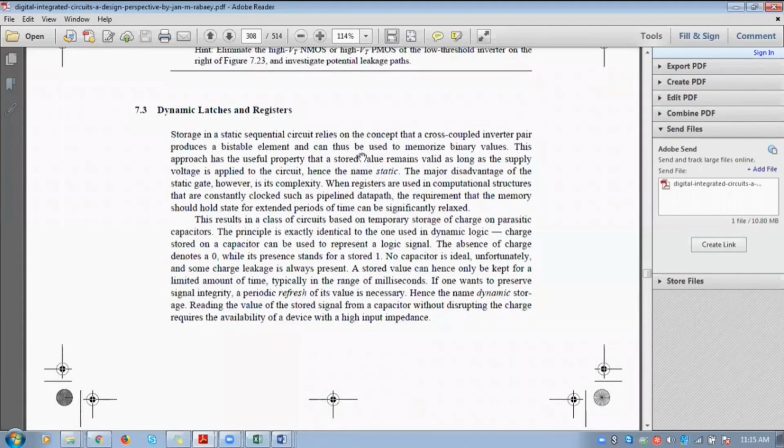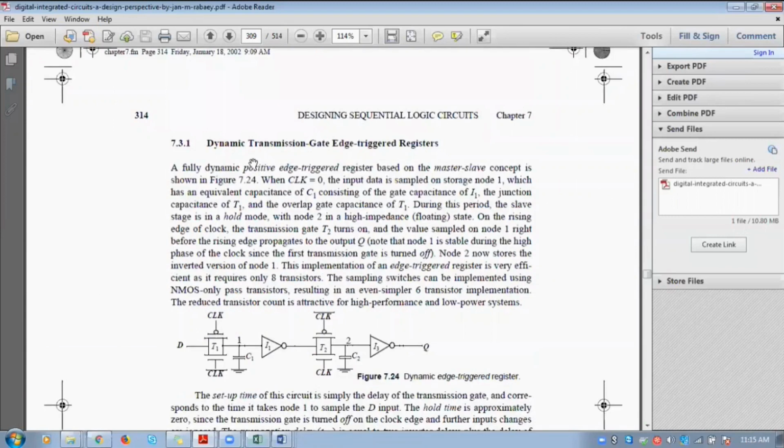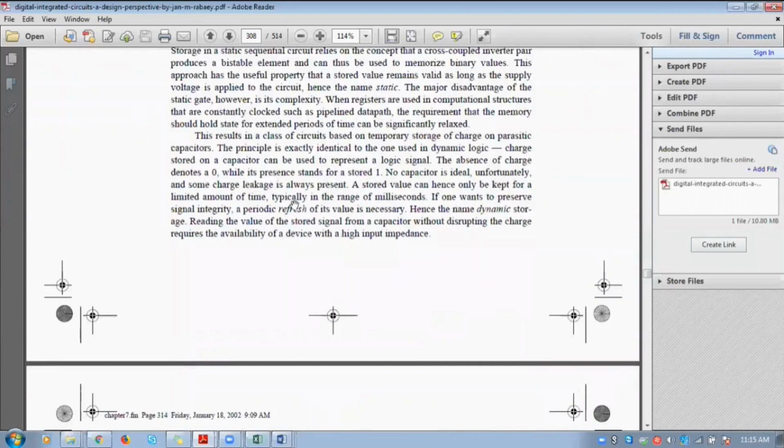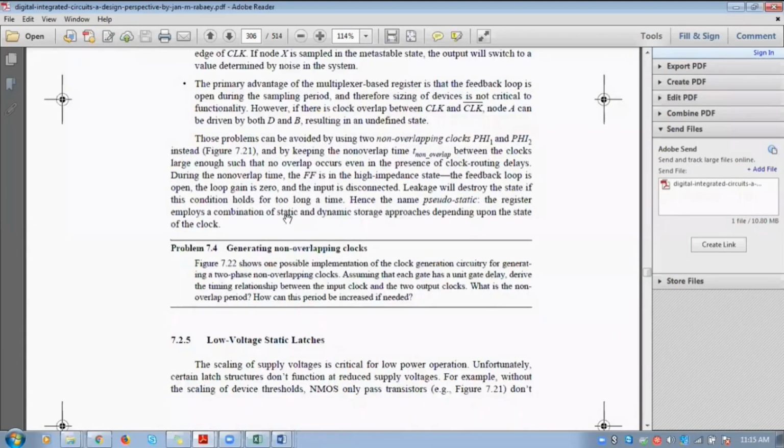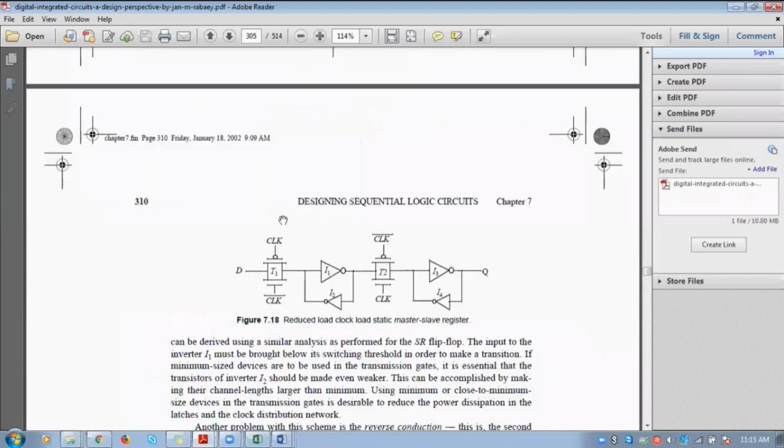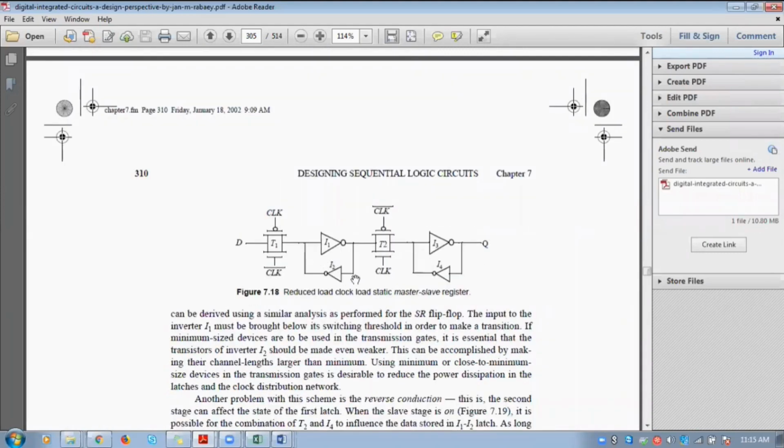That's all about static CMOS. So we can go into dynamic latches and registers. So initially, while discussing transmission gate based design, we were using this type of static transmission gate, and by reducing the clock load, this circuit only we are going to utilize to modify the design for dynamic CMOS.